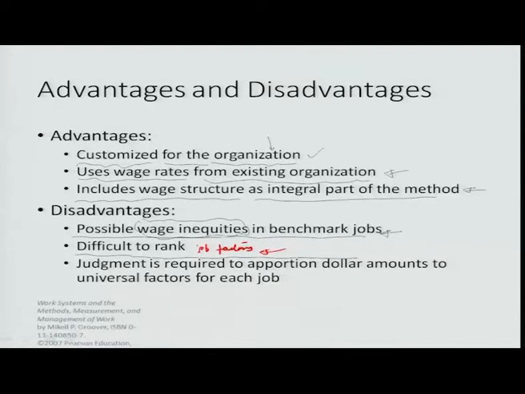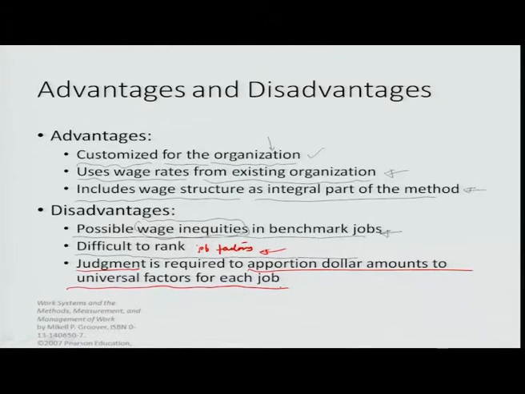Also, the other disadvantage is the judgment sometimes needed to apportion the dollar amounts to the various universal factors, which you call job factors, for each job. Obviously the first step in this comparison is to provide a ranking, and the second step is to provide a dollar amount.